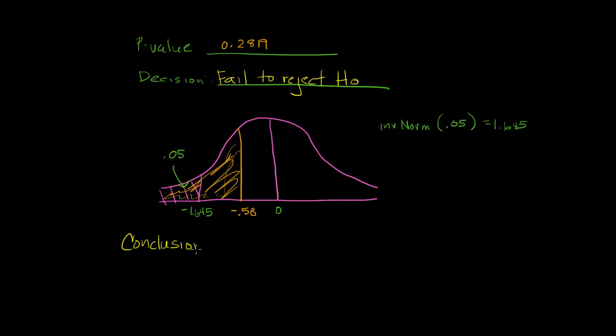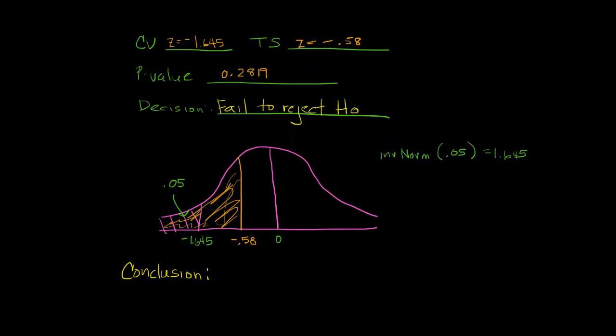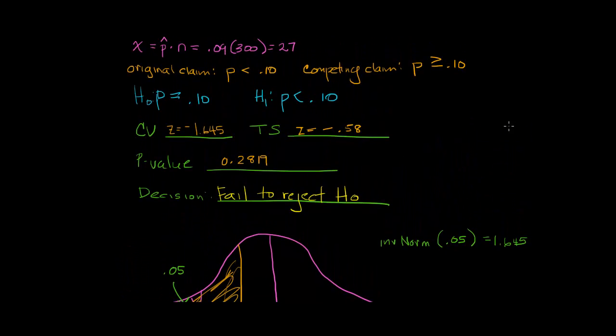So to get started on the conclusion, the first question is, does the original claim, which we need to address in the conclusion, contain the condition of equality? No, it does not. Do we reject H0? No, we do not.